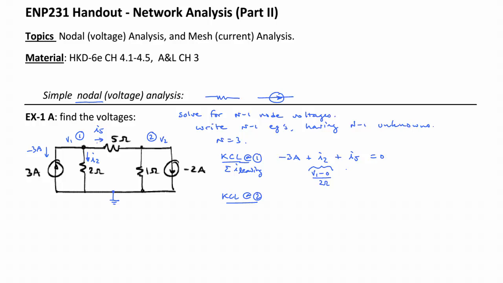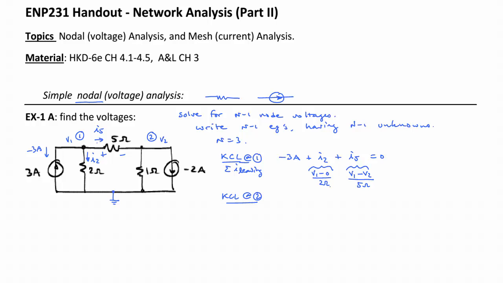Then we'll do the same for I5. The current I5 is going from left to right, and so we use Ohm's law and say that V1 minus V2, that's the voltage from left to right, divided by 5 ohms is equal to I5.